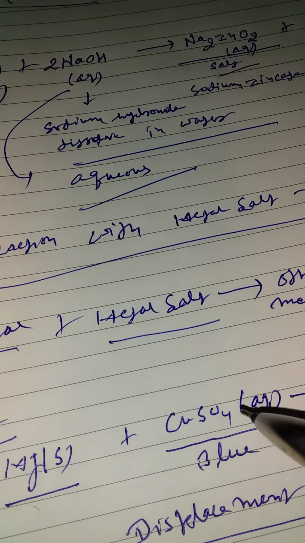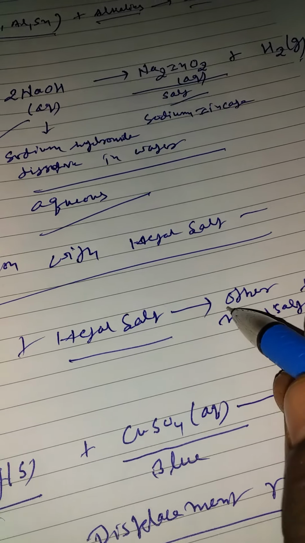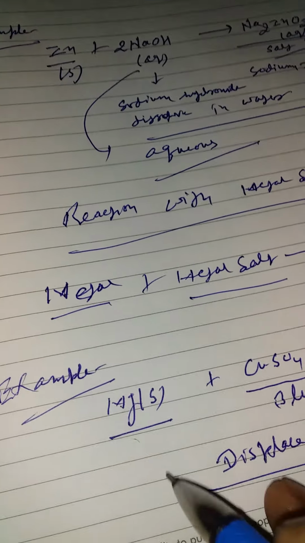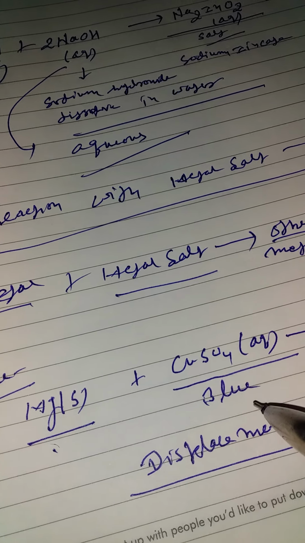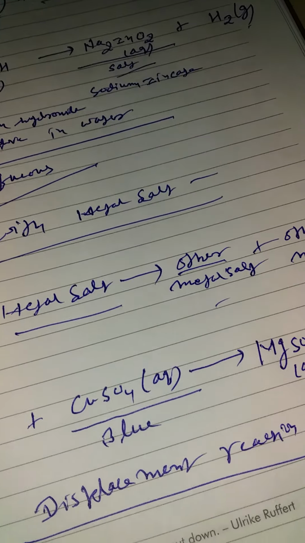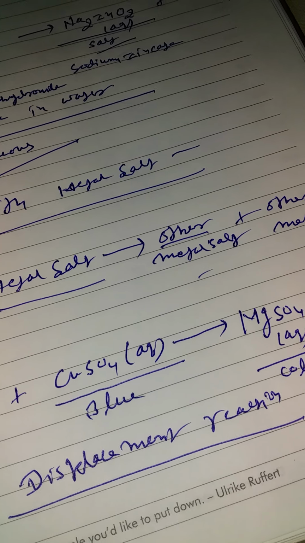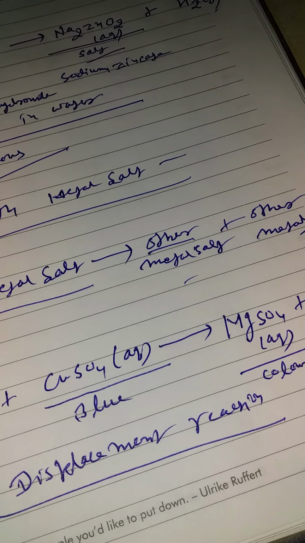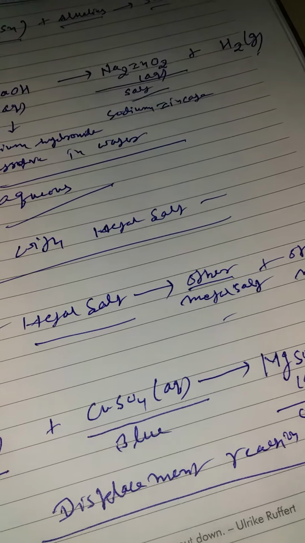Here we see that metal react with metal salt to form other metal salt and other metal, and here one metal is magnesium, metal salt copper sulfate solution whose color is blue, and after reaction other metal salt magnesium sulfate whose color is colorless, and new other metal is copper in the form of solid.